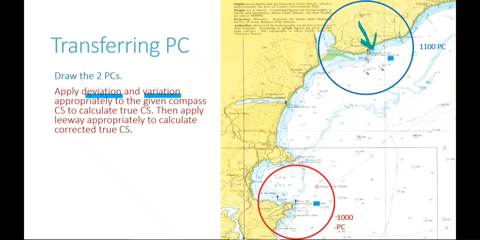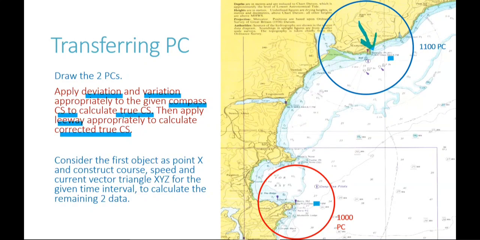Variation is also provided to us. So we will find out the true course to steer. Variation and deviation are applied to compass course and we obtain the true course to steer. Now once we have the true course to steer, we apply the leeway and we get the effective course or the corrected true course. Okay.